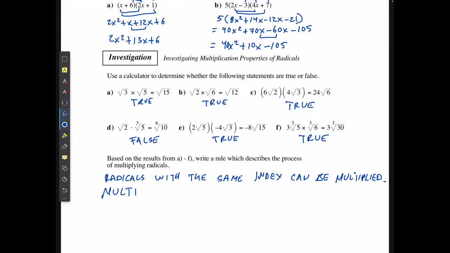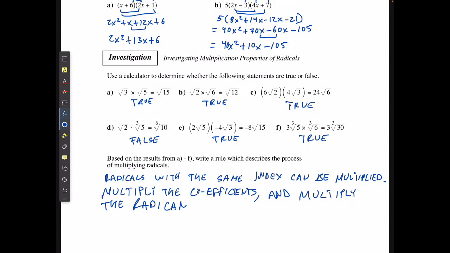Multiply the coefficients. And multiply the radicands. We can see this with examples C, E, and D.